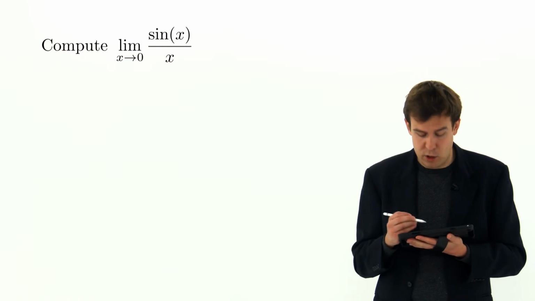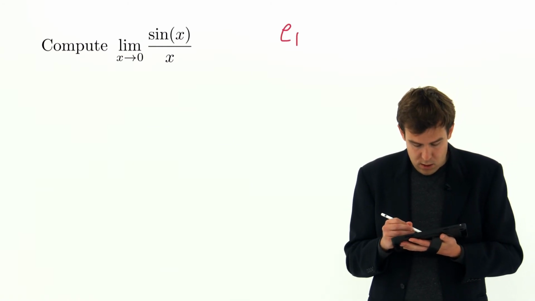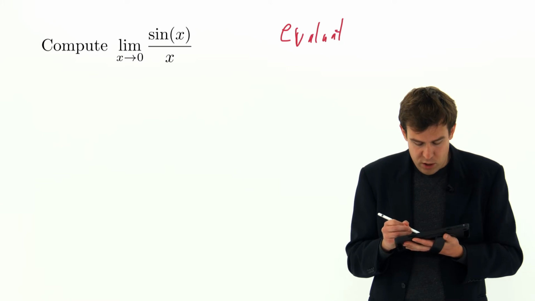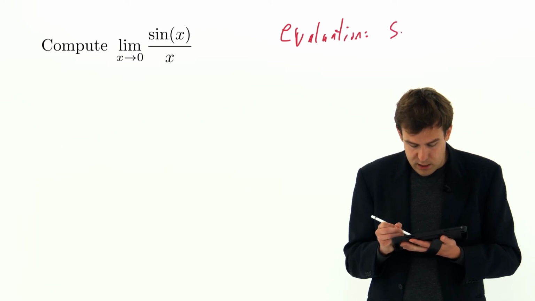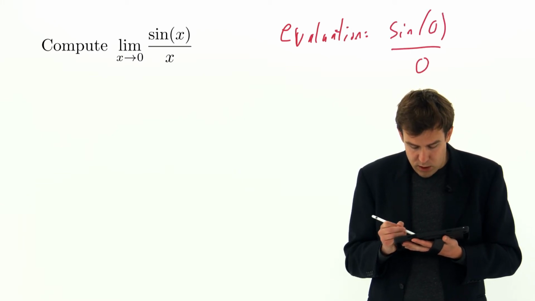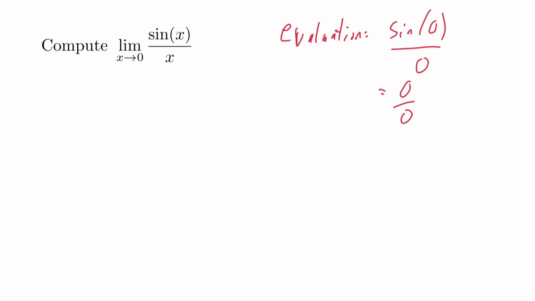So let's look at one more that we've already seen. Limit as x goes to 0 of sine x over x. So if I do a direct evaluation, I get sine of 0 over 0, so 0 over 0. Right? We already know that this is indeterminate.